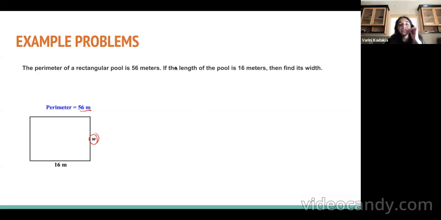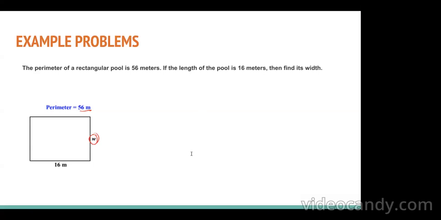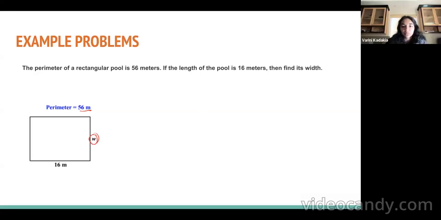Okay, I think some of you are just making arithmetic errors. That's why your answer might not line up. I think it's 12.